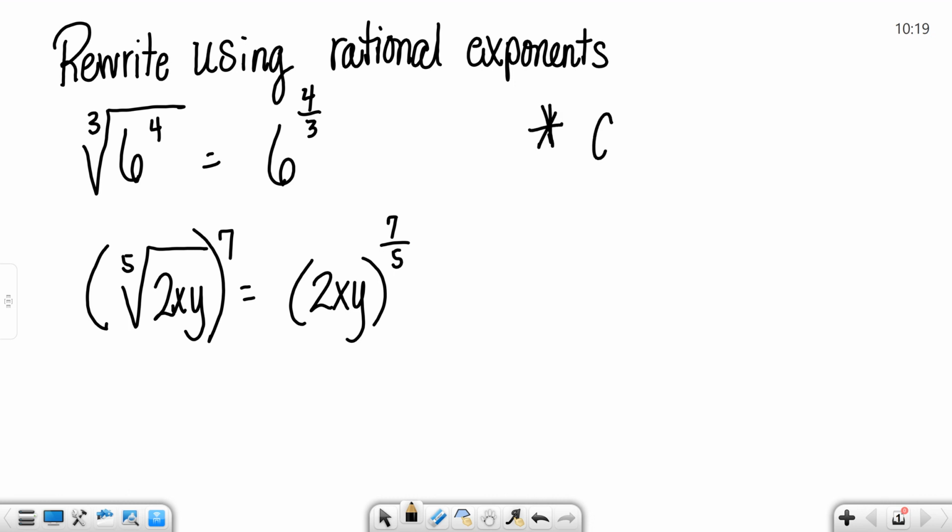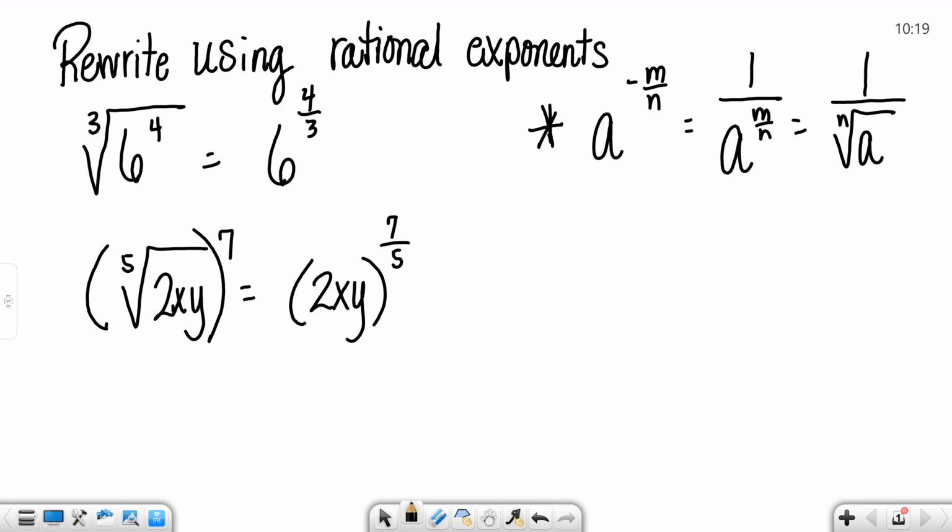All right, so our next little rule says, what if our exponent is negative? Well, we've already covered negative exponents, and that means put it in the denominator. Okay. Now, we have learned that a rational exponent means this is the square root of a, and I can raise the whole thing to the m. Remember, I can write it either way.